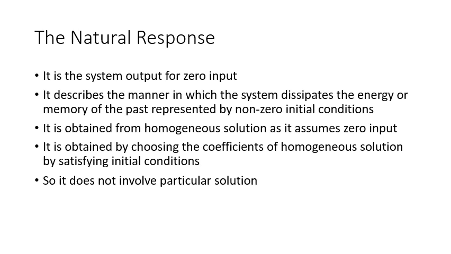It is obtained from the homogeneous solution as it assumes zero input, and it is obtained by choosing the coefficients of the homogeneous solution by satisfying the initial condition. So it does not involve the particular solution. You understand why? Because the particular solution considers the input.